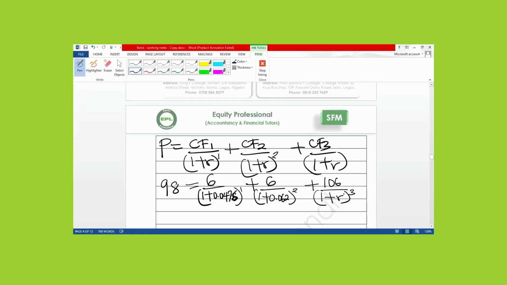What is the spot rate in year 3? I don't know yet.